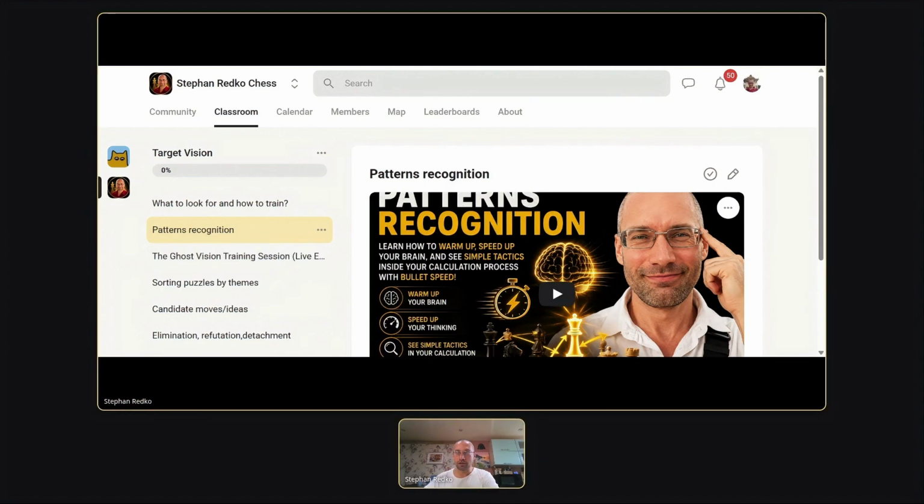And important also, before you go to calculation, train as much as possible pattern recognition, because if you go to calculation without a strong foundation, you will still miss simple tactics in your calculation. You still won't see moves. It's very important to have strong pattern recognition before you move to calculation.